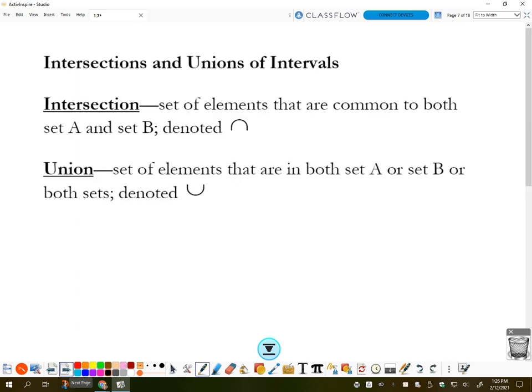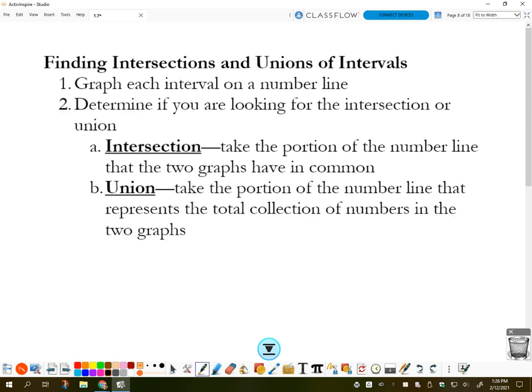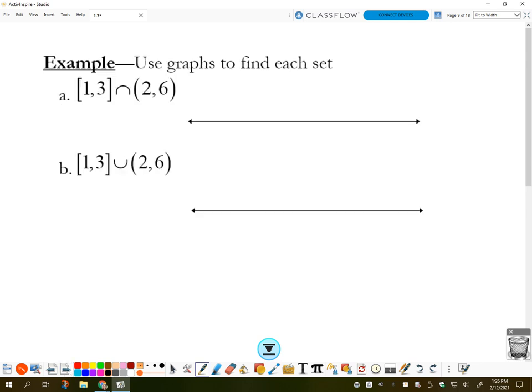Alright, so union and intersection, we've talked about those before. You're going to use the union symbol when you are doing interval notation for compound inequality. What you need to recognize them for, we're not going to worry about this, is if I give you something like this. So, we're going to do them in 2 different colors.